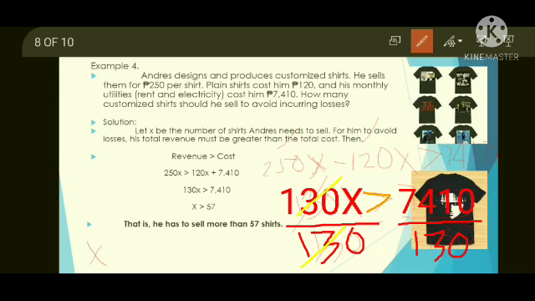Therefore, x is greater than 57. Therefore, Andres has to sell more than 57 shirts, based on our notation here. That is our final answer.